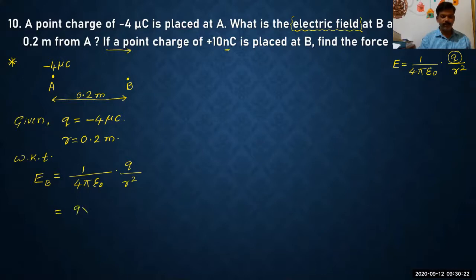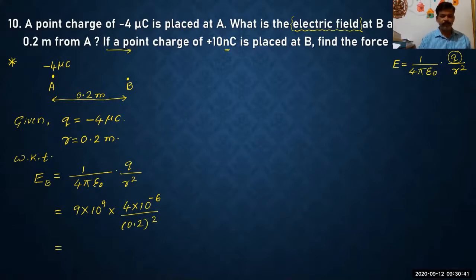That is 9 into 10 raised to 9 into, yes, what is Q here? It is 4 microcoulomb. So 4 into 10 raised to -6 whole divided by 0.2 whole square. The distance is 0.2 there.